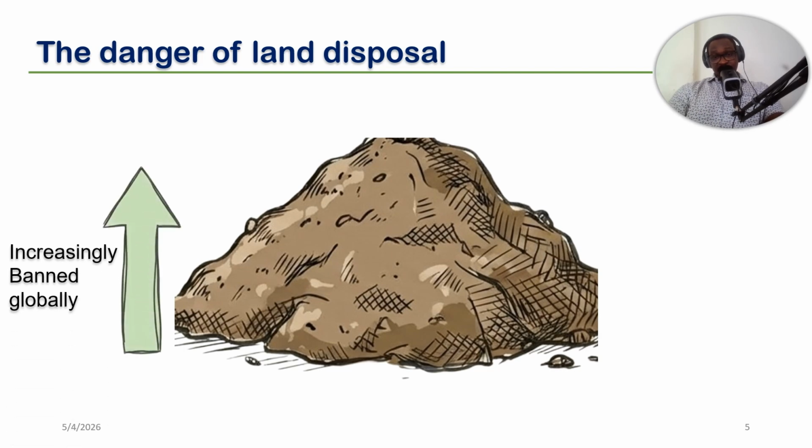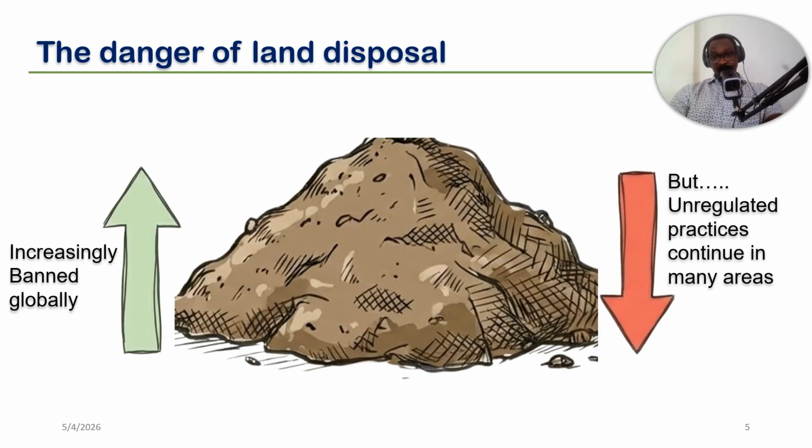much as it's increasingly being banned, the biggest concern is that the unregulated practices contribute to the spread of pathogens in the environment. Some of these include the helminth eggs, the worms, and others related to cholera, dysentery, and typhoid.